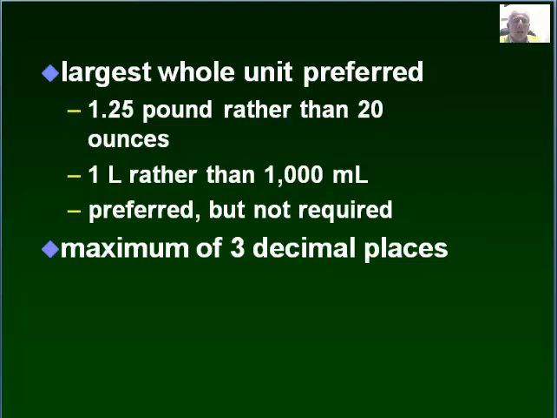And again, 1 liter rather than 1,000 milliliters. These are the preferred methods of doing it, but it's not required by law. So none of the regulations that we talked about relative to labeling actually requires this, but this is what would be preferred. And you cannot go out to any more than 3 decimal places.